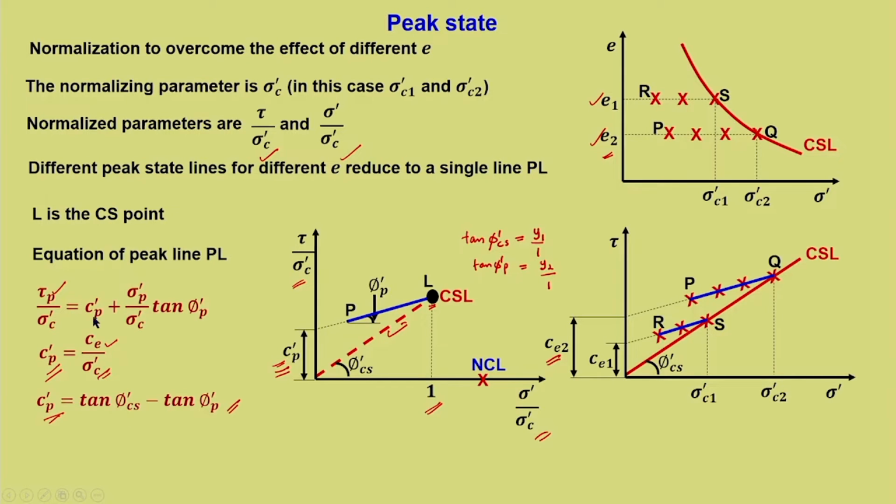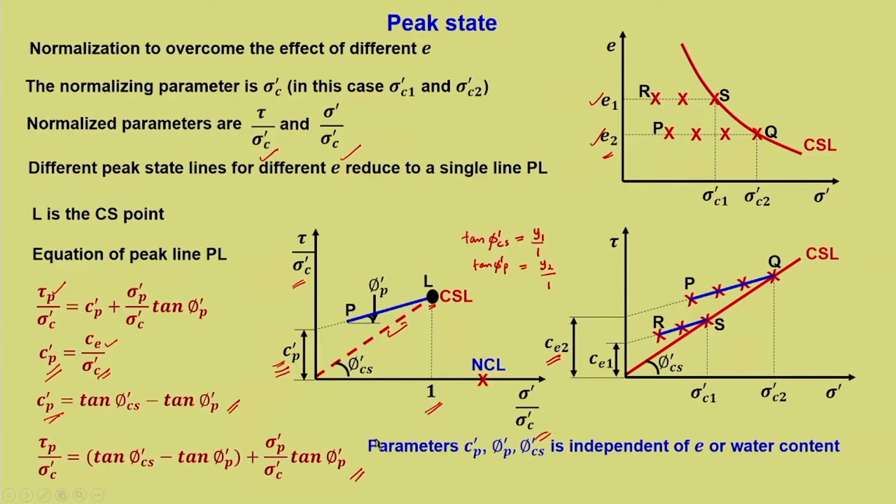So, substituting this in this particular equation, we can write tau P upon sigma dash C is equal to tan phi dash CS minus tan phi dash P plus the same sigma dash P upon sigma dash C tan phi dash P. So, now the parameters C dash P, that is the normalized parameter, phi dash P, phi dash CS is independent of E or W, which is the initial condition, because now we have normalized it, and hence the effect of E1, E2, or it can be told in terms of water content for a saturated sample, the effect goes away.